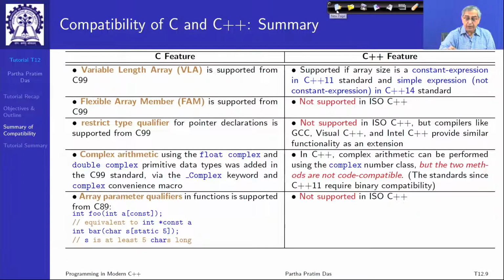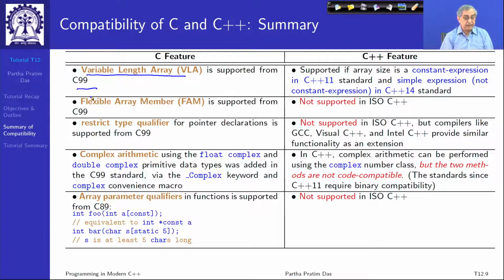Moving on, we talked about variable length array, which is available in C99, and C++ needs the array size to be a constant expression. Simple expressions are allowed in C++14, but in general C++ does not support variable length array. C supports flexible array member, where as the last member of a struct, an array may not have a defined dimension.